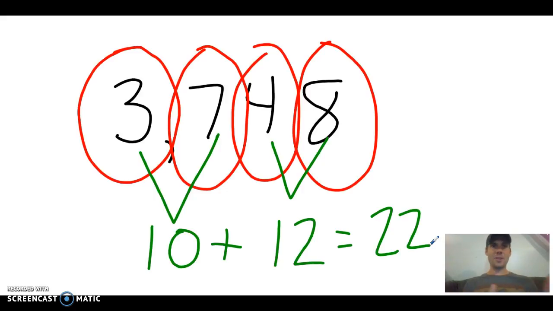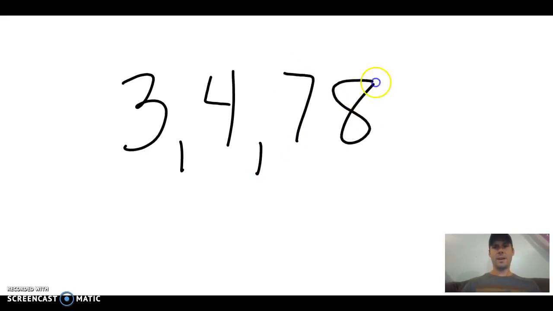Okay, let's go even farther with this. Let's keep that same number again, 3,748. What are the 3 different forms in which we can write this number? Okay, if you said standard form, expanded form, and word form, you are correct.